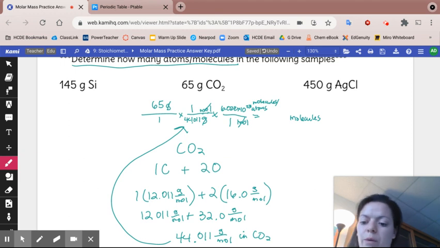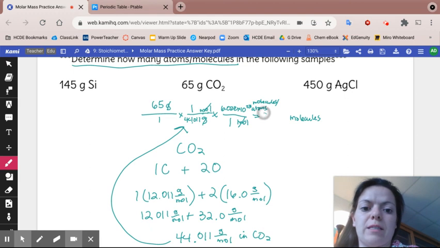So here we go. 65 times, parentheses, 6.022 times 10 to the 23rd, end parentheses. So that's going to give me my top, my numerator. And then I'm going to divide that number by 44.011 because that is my bottom number.